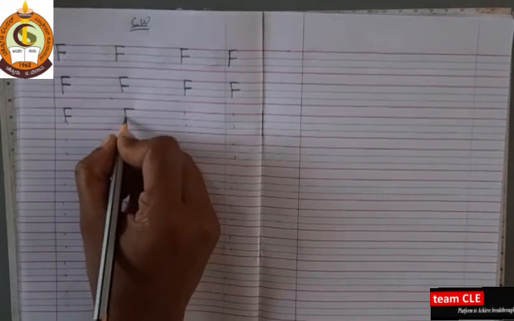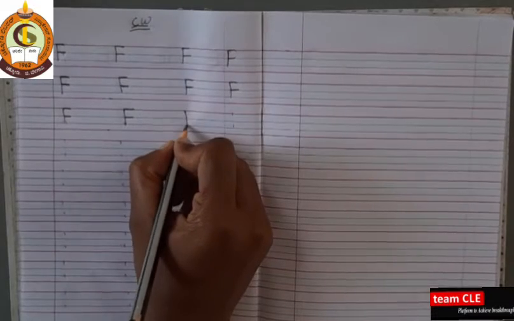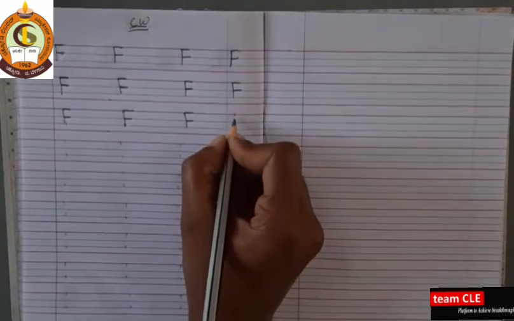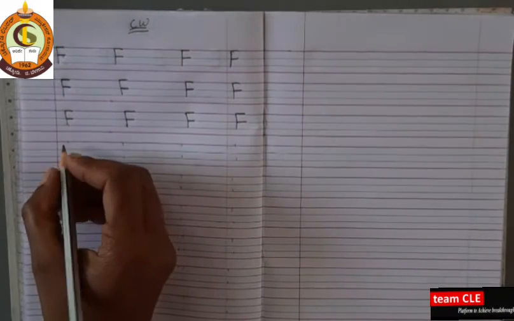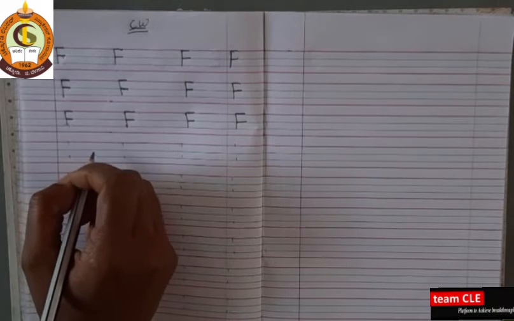F for fish. F for fan. F for frog. Frog means what? Kappe. In Kannada we call it kappe, no? Yes. Fish, what do we call it in Kannada? Meenu. Is it? Yes.